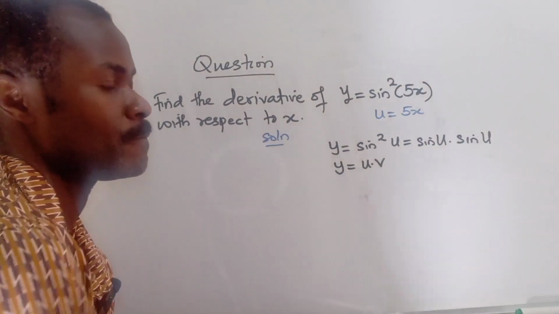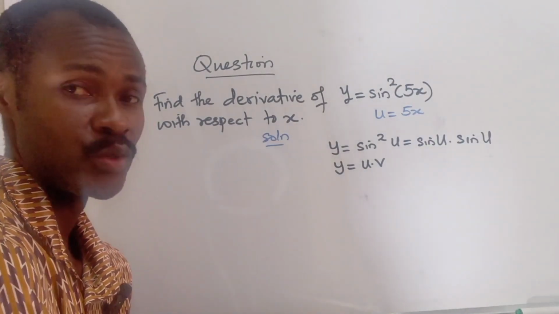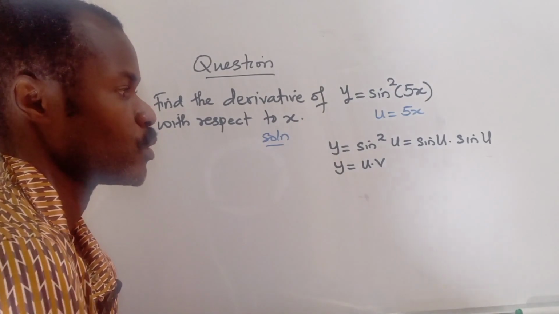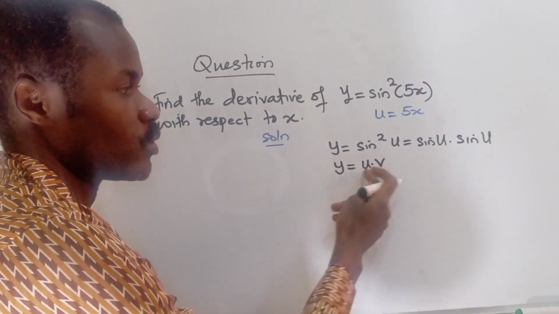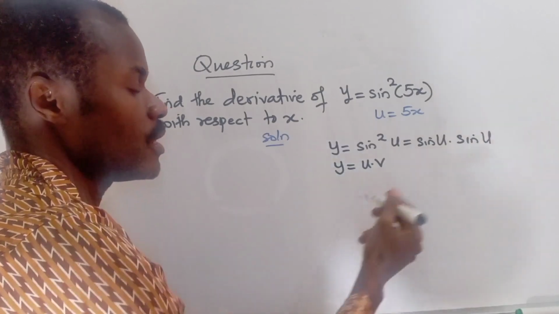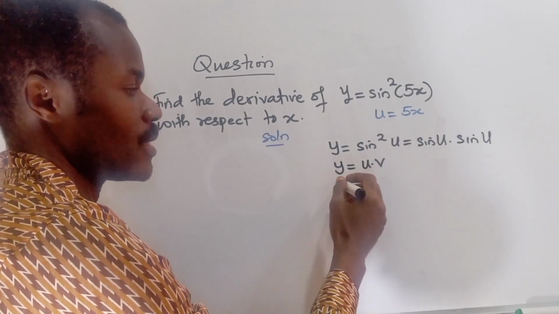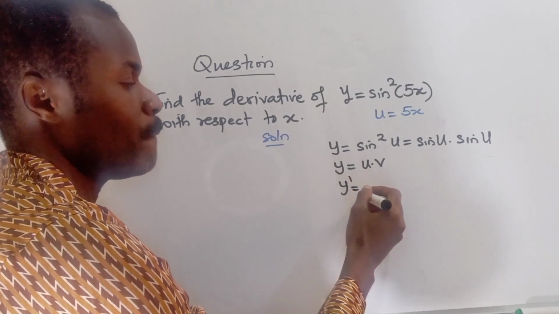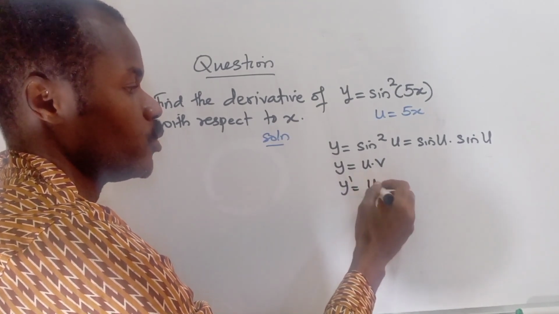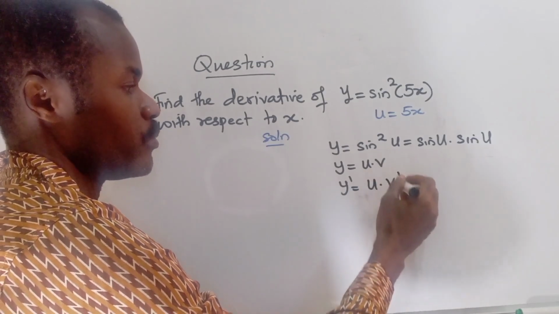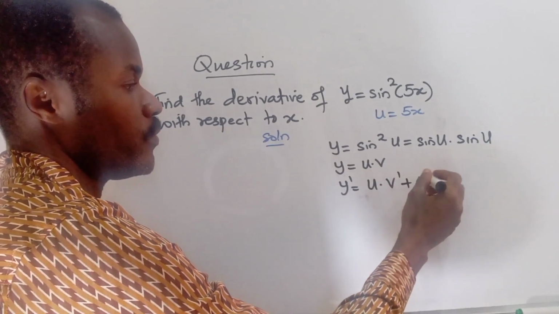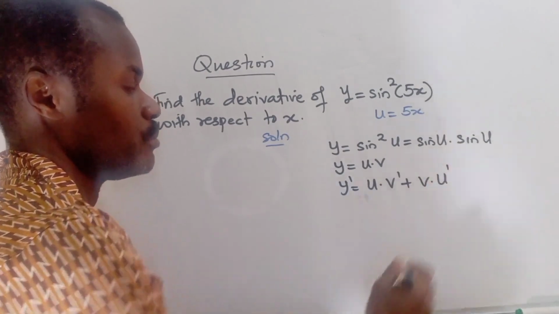We all know this has to do with the product rule. When we have the product of two terms like this, our y prime will be u times v prime plus v times u prime.